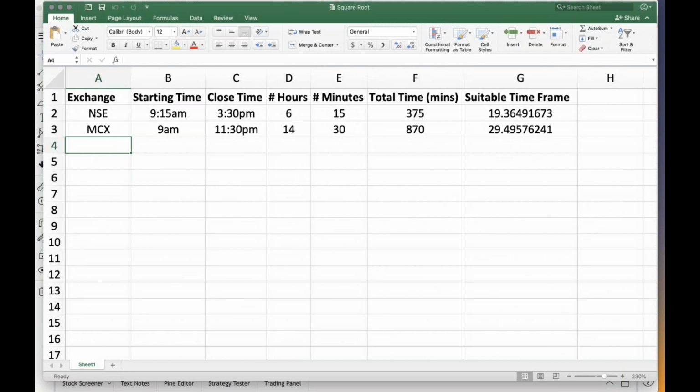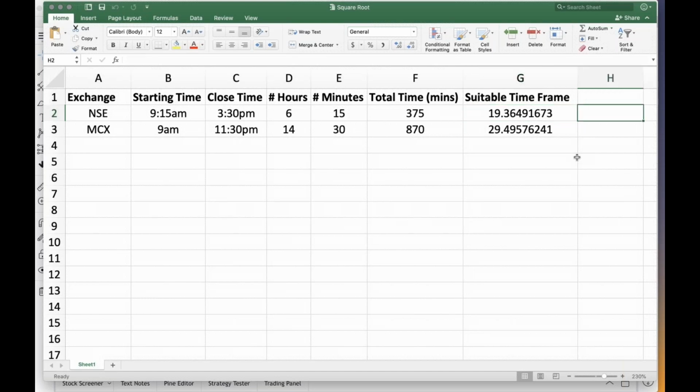So what I thought was, why not use the concept of square root? This is a simple Excel sheet where I'm going to explain the approach to you. What we have done here is I've taken NSE, starting time and ending time, 6 hours and 15 minutes of trades.